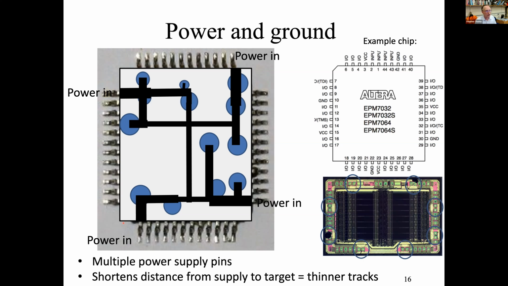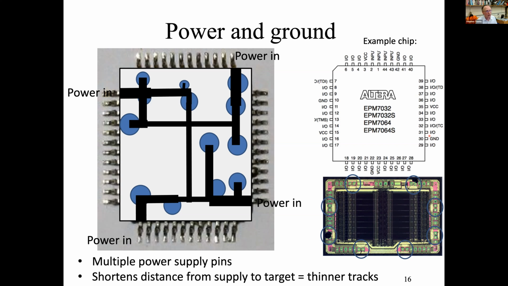So here's an example chip, and there are multiple grounds, multiple power inputs. So here's the ground, for instance, here, but there's another ground up there, another one over here.